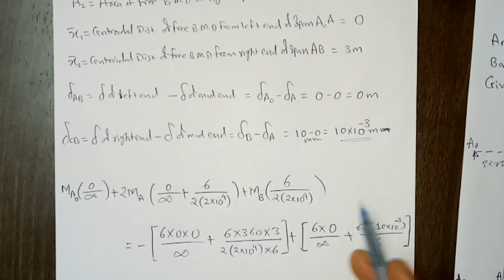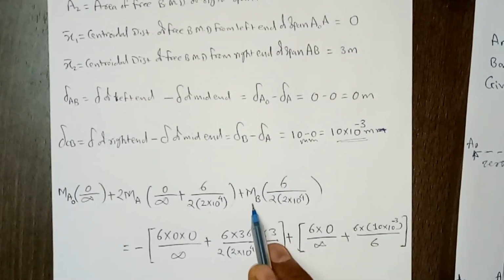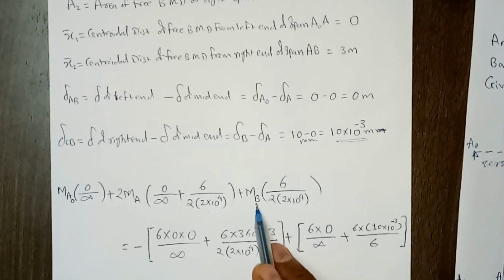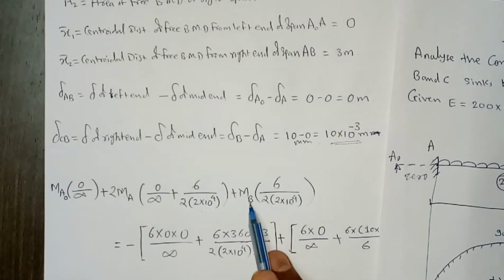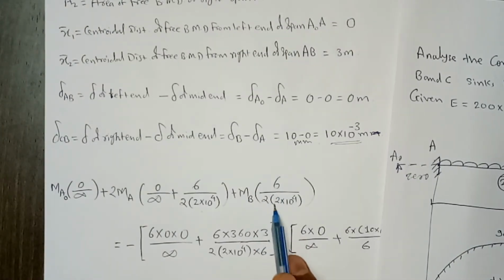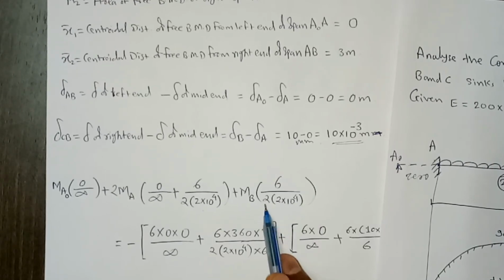And then for again M_B, that is the bending moment at the right support, and here the right support is this B support. So that's how it will be 6 by 2 into 2 EI again. So EI is 2 into 10 raised to 4, so multiplied by 2.